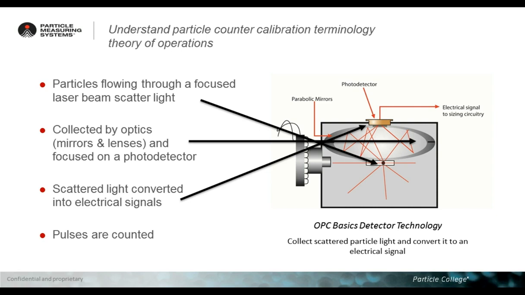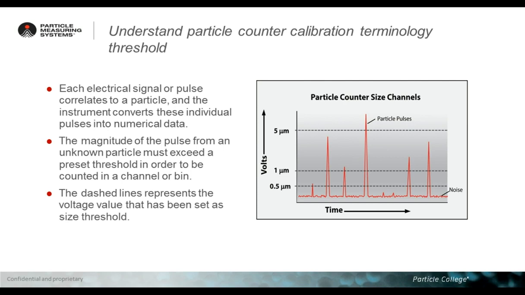So the scattered light will become an electric signal, and to be accurate, it will generate pulses, and these pulses will be counted. In this next slide, I want to show you what happens behind the scenes. This is, of course, something you don't see from your particle counter. You will see a number on a display, but what happens behind the scenes is essentially represented in this graph.